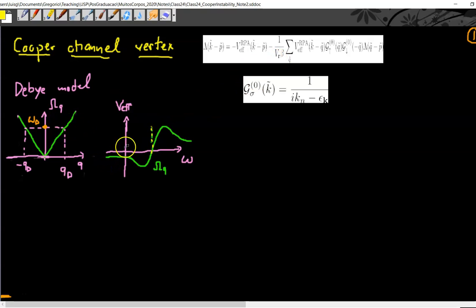We already argued that this omega is actually the renormalized plasma frequency, which I argued goes linear with Q for small values of Q. And if you remember in the class on phonons, we discussed the Debye model that would essentially take an acoustic phonon up to some momentum Q Debye, where at this momentum the frequency equals the Debye frequency, and that's the cutoff frequency and momentum for the model.